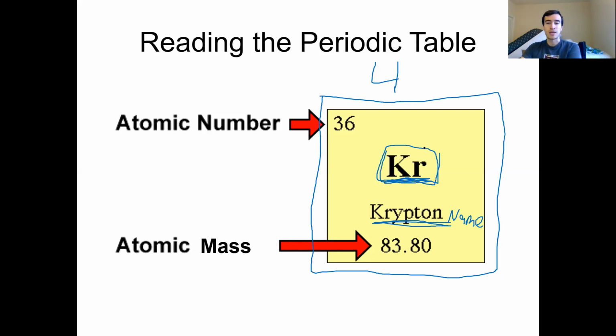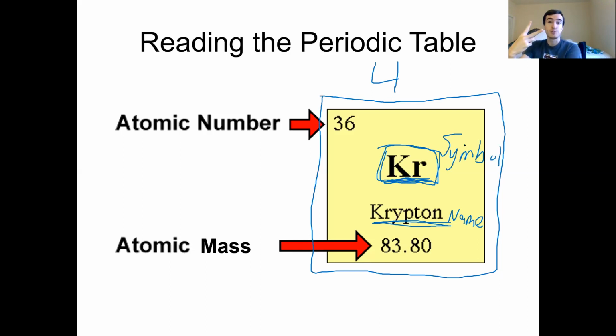So krypton is Kr, oxygen is O, carbon is C. The symbol is just a shorter way of writing out our atom, our element. So we've got our name and our symbol.